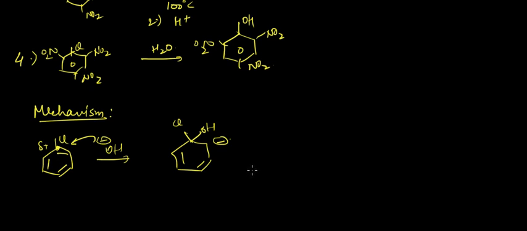Now what happens is the negative charge forms a bond with this carbon atom, and Cl would go out as Cl minus, withdrawing its bond pair from this carbon atom, and this is actually known as the Meisenheimer complex.